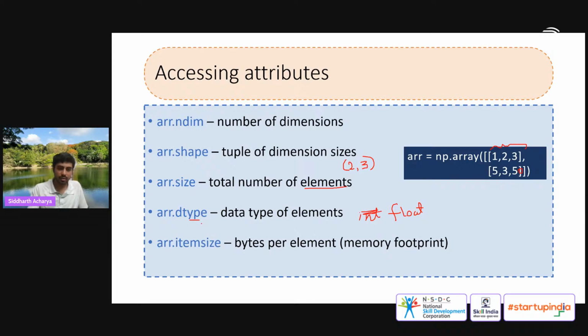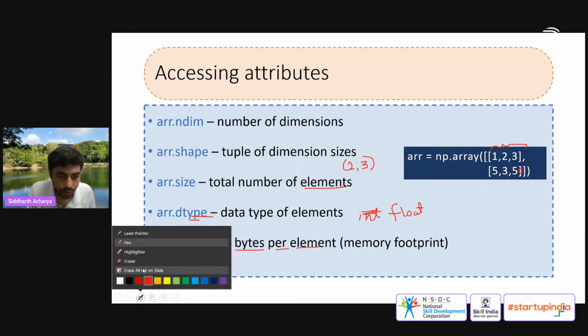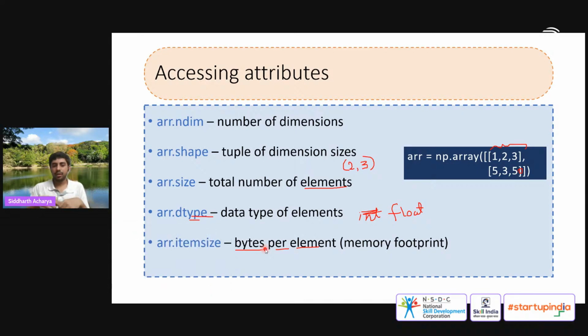Array.itemsize, this is bytes per element, okay? Yeah, this is bytes per element. We have 6 elements, right? And this is integer. Integer is about 4 bytes, meaning a binary sequence of length 4 times 8, which is 32. So each integer is actually a 32-length binary sequence.